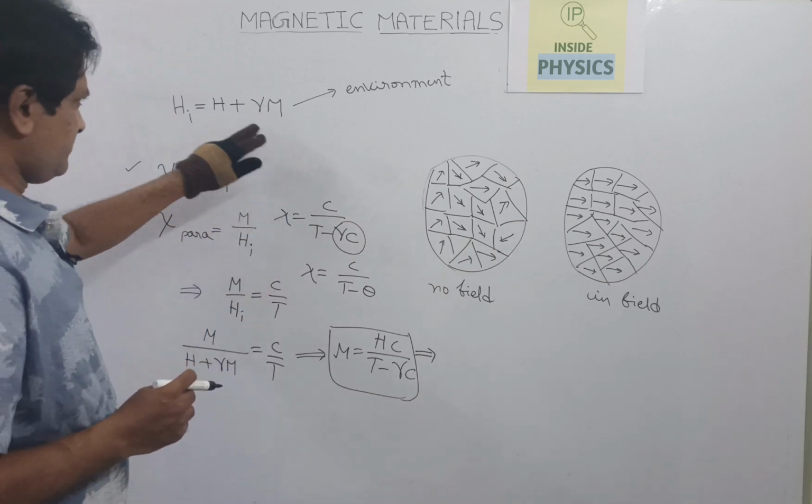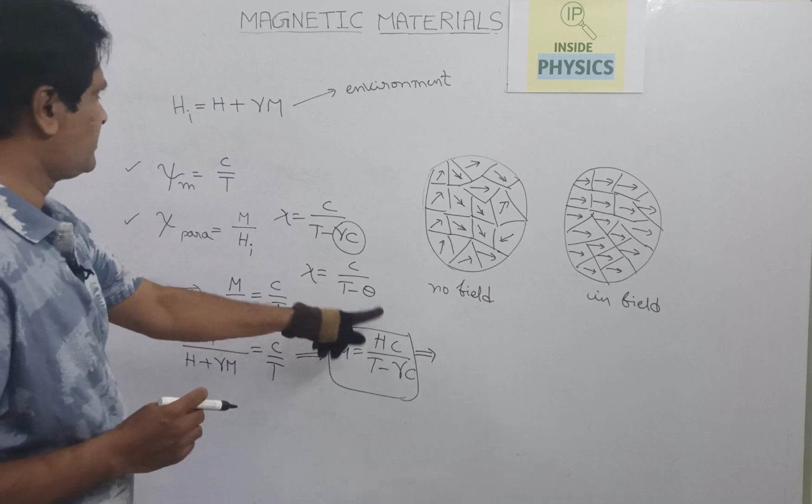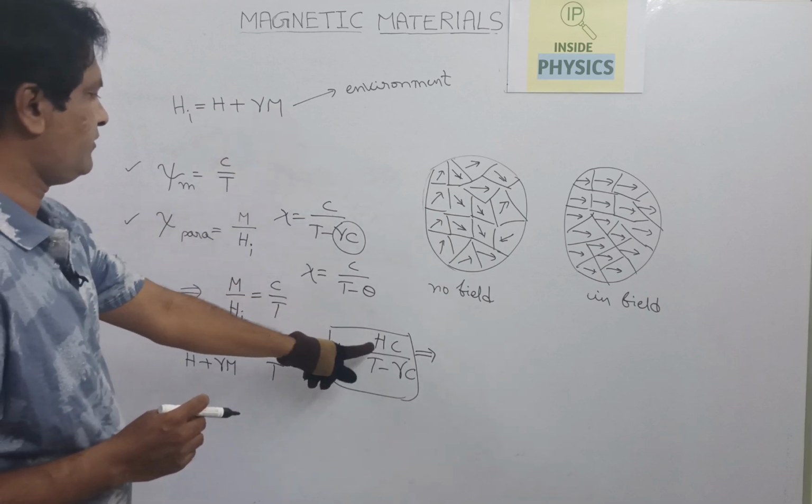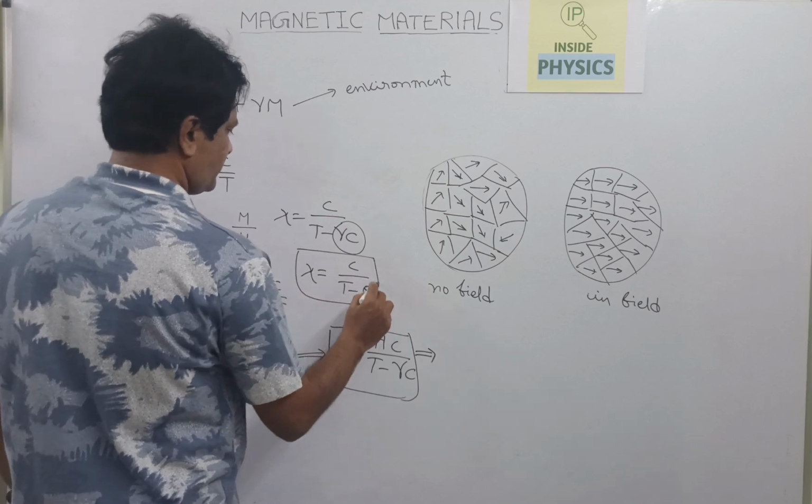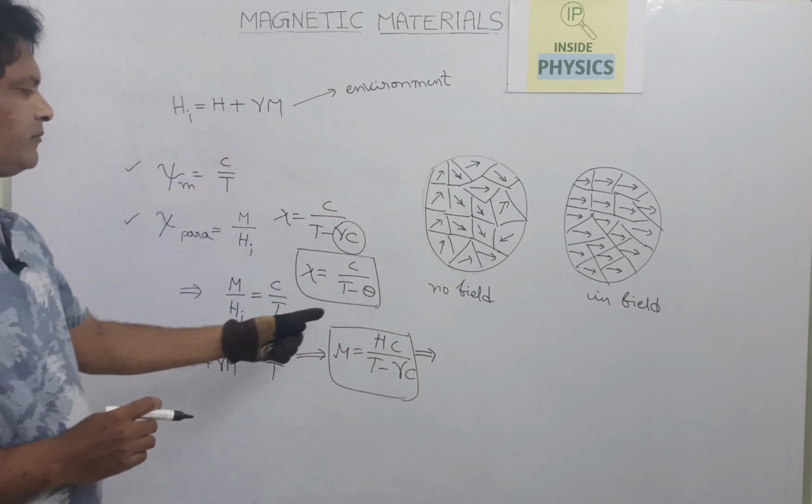From this relation, where we have introduced chi, if you observe it, we can identify some points.